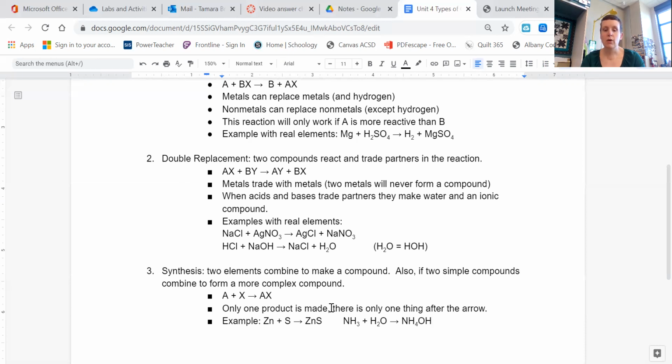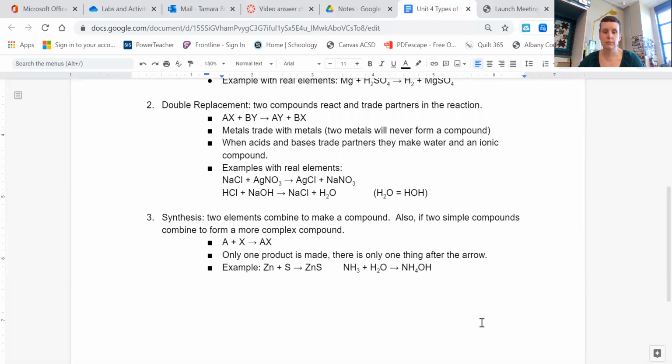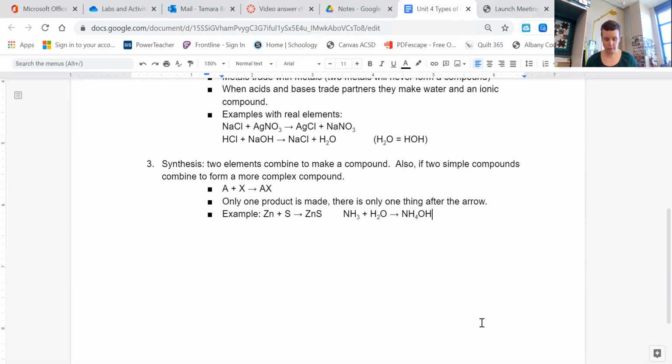Okay, so again, only one substance on the right side of the arrow, 2 substances before the arrow. They're combining. There's no plus signs over here, so that is a synthesis reaction. All right, so that's the end of the synthesis piece of these notes.